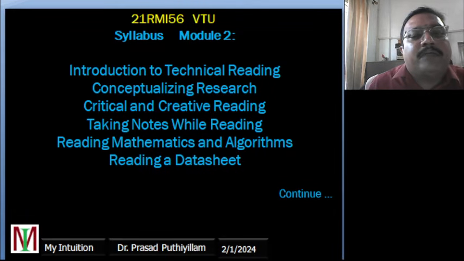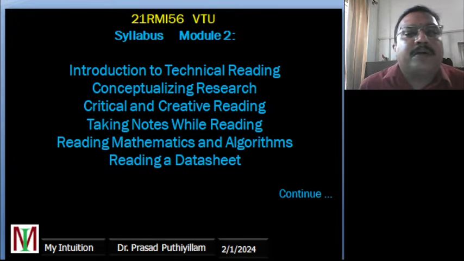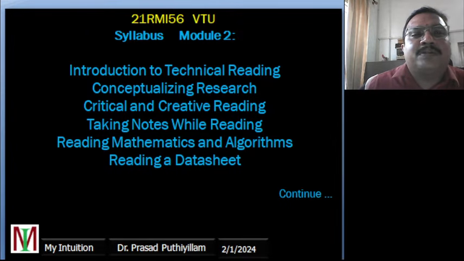Critical and creative reading means to do something we need to learn something, we need to read, or we get knowledge mainly from reading, or we get some by watching YouTube now. That is famous now, because reading has become less and watching videos is becoming more, because it is a fast way to get knowledge.